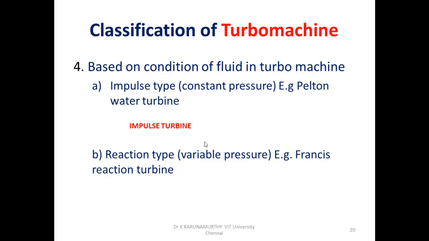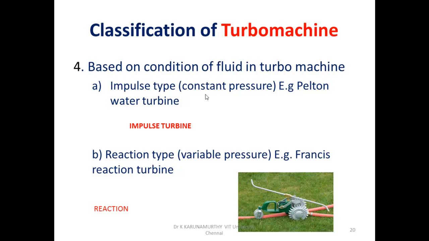Whereas in the case of reaction turbine, even when the fluid passes through the blades of the turbine, we have a variation of pressure, or a fall in pressure. Such a turbine we call a reaction turbine.